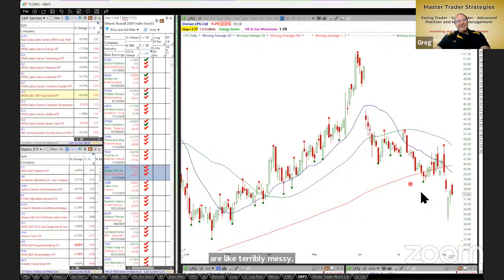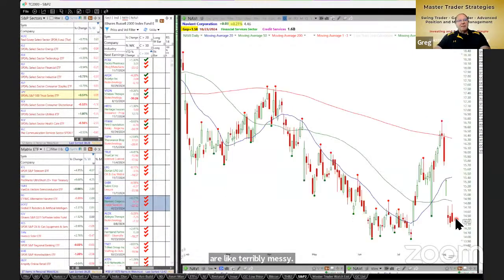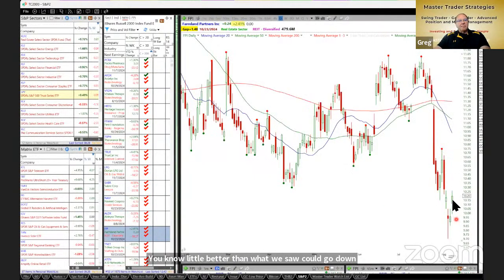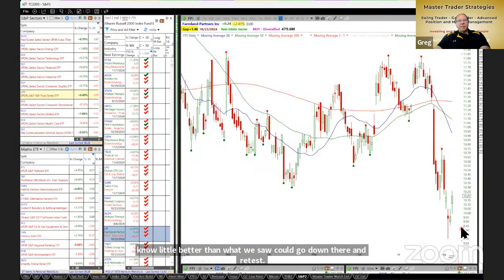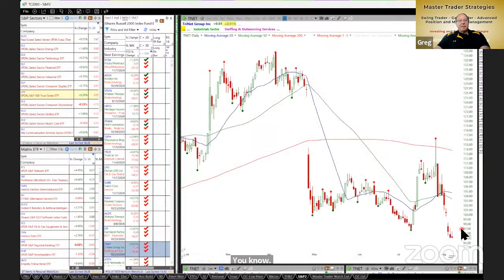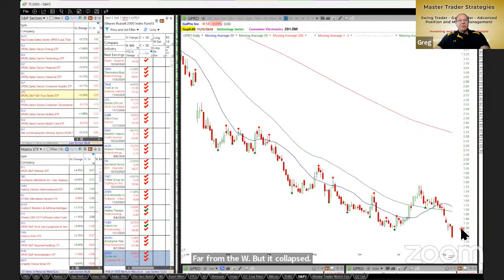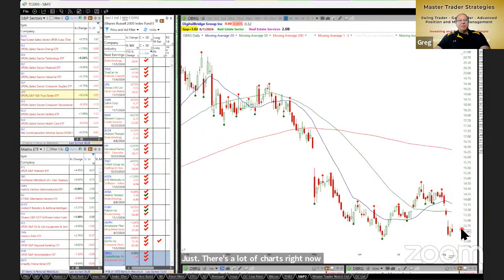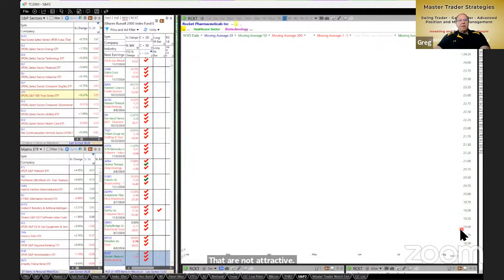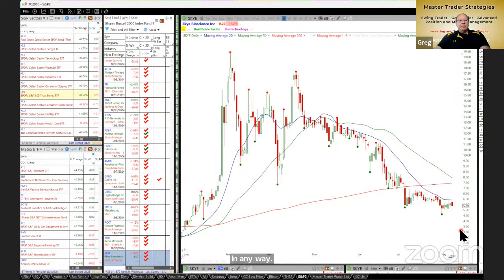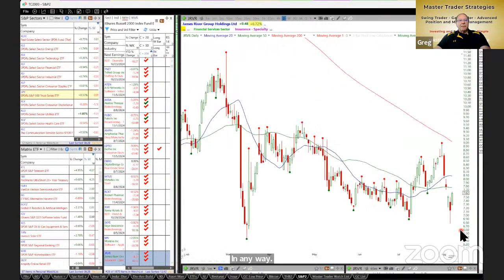That one's a little better than what we saw. It could go down there and retest. You know, far from the W, but it collapsed. There's a lot of charts right now that are not attractive in any way whatsoever from a swing trading perspective.